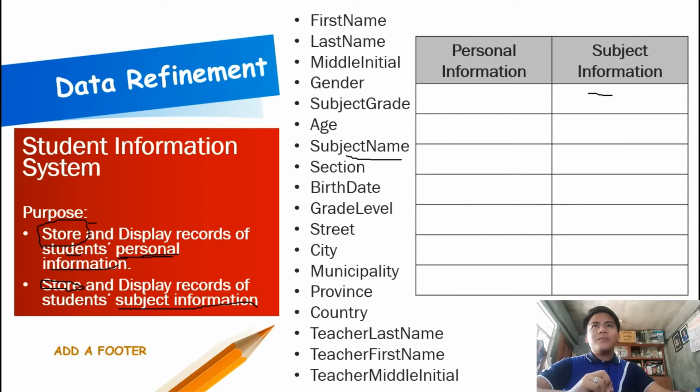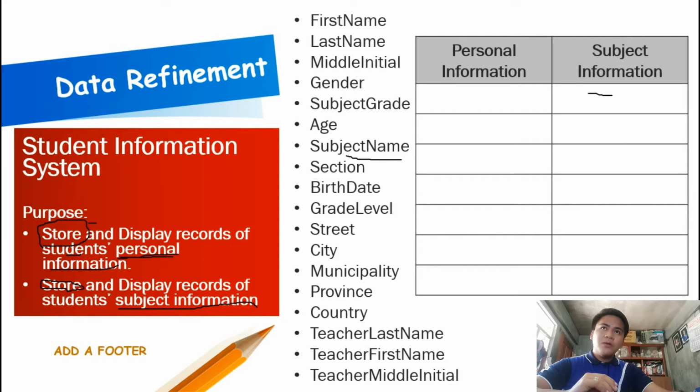While the personal information like first name, last name, middle initial, gender, age, section, birth date, grade level of the students, and other information of the students will be put into our personal information because that is the personal information of the students.